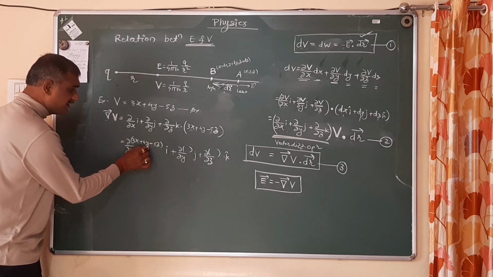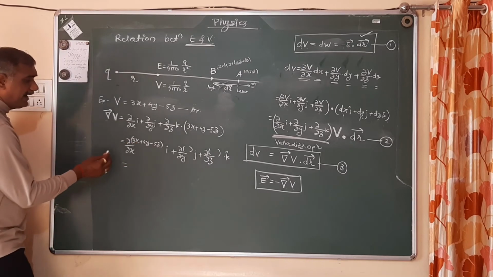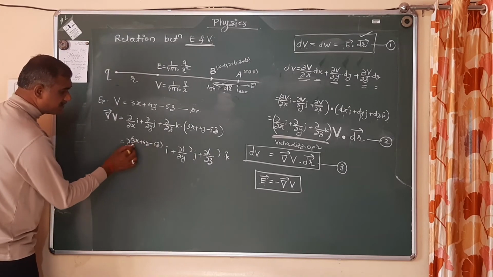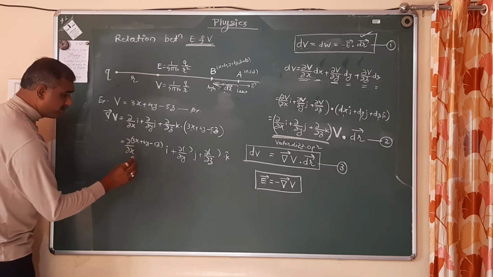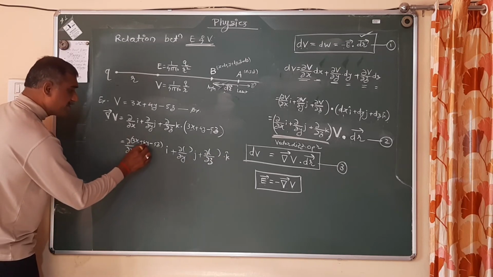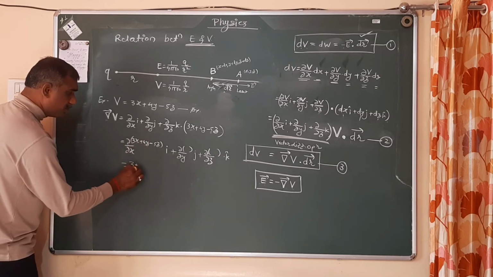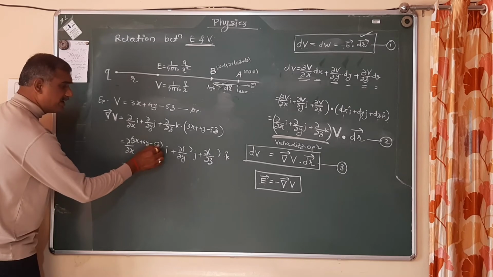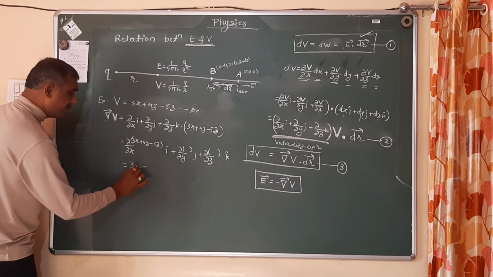That means by considering y as a constant and z as a constant, only x is a variable. That time its partial derivative with respect to x: derivative of 3x is only 3, and derivative of 4y, y being a constant, is 0, and minus 5z again is 0, so no need to write it here. So 3 multiplied by unit vector i.